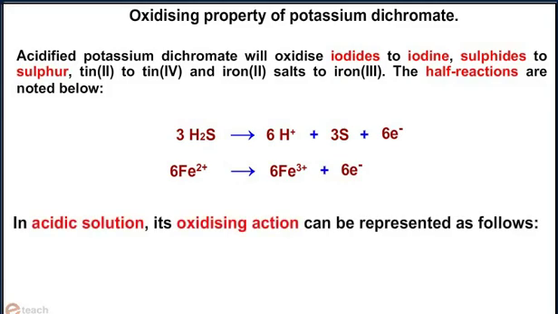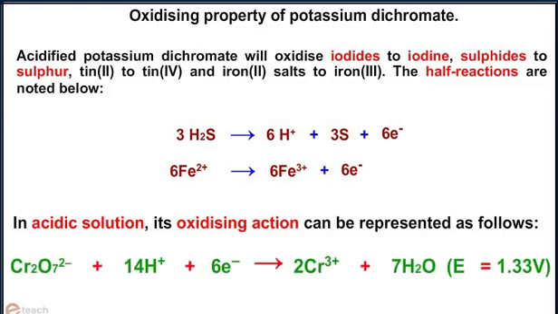In acidic solution, its oxidizing action can be represented as follows: Cr2O7 2- + 14H+ + 6 electrons gives 2Cr3+ + 7H2O with potential of 1.33 volts.